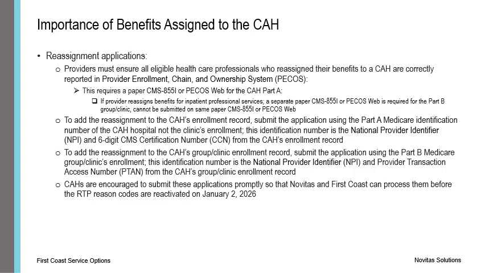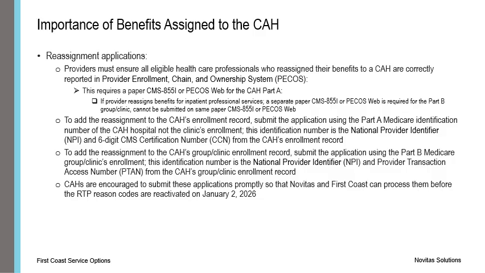Let's review the importance of benefits assigned to the CAH. Reassignment applications. Providers must ensure all eligible healthcare professionals who reassign their benefits to the CAH are correctly reported in PECOS.